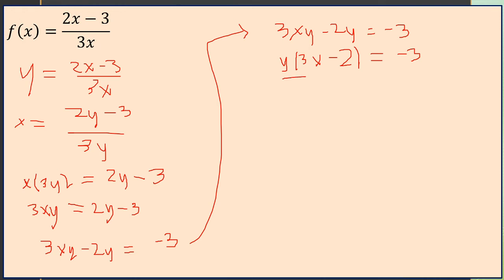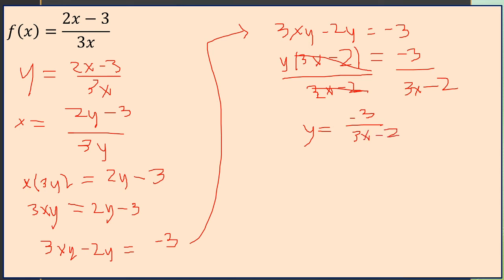And then, we have to divide both sides by 3x minus 2. And then, cancel out natin to. And then, ang natira na lang sa ating equation is negative 3 over 3x minus 2. So, yan na yung result.